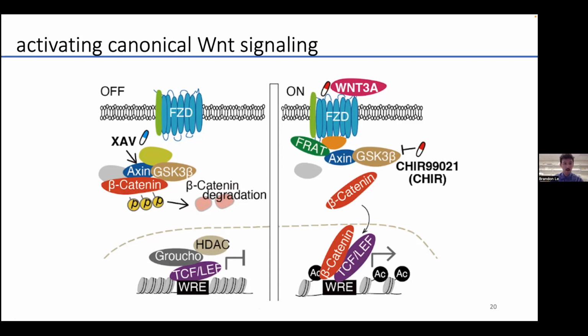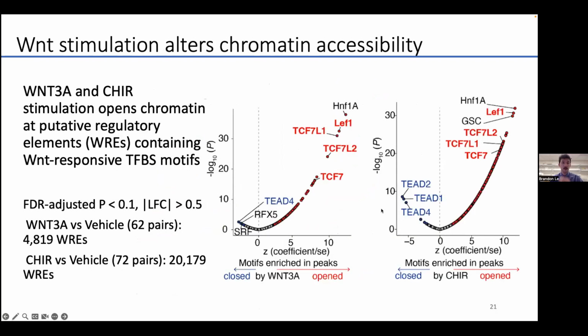So let's take a look at what we found out about how the chromatin accessibility across the genome changes when you stimulate with Wnt. It was really confidence building to see these results, to see that we actually got some expected transcription factor binding site enrichment within these Wnt-sensitive regulatory regions.